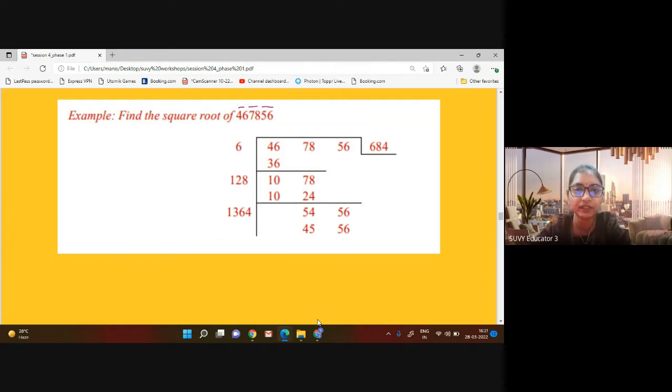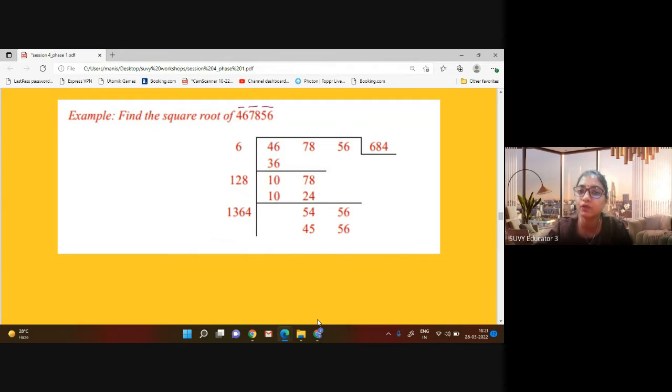So for 46, we have to think of a number whose square is less than or equal to 46. 6 squared is 36 and 7 squared is 49. 49 is greater than 46, so we take 36. So 6 sixes are 36, and 10 is the remainder.